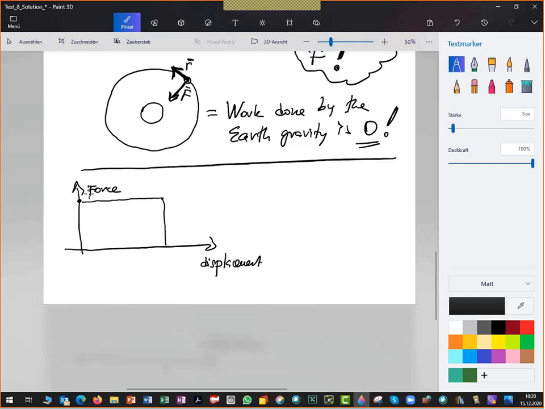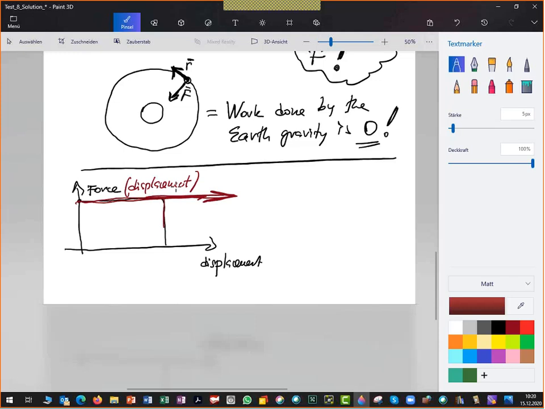So I'm plotting the graph of force as a function of displacement, and it remains constant over time and over displacement.